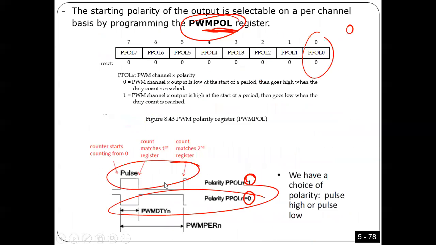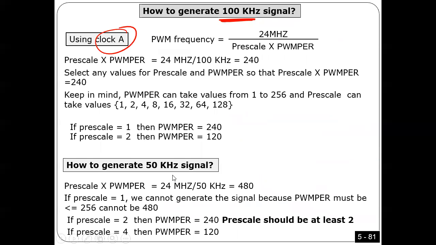Yes. Okay, so what I did, I just put it here. Look, very easy. This is the signal. For example, if I select clock A, first I make sure this frequency is in the range of A, so I can get it from clock A. This is number 1. Number 2, if I put 100 kHz here, then I have 2 unknowns.